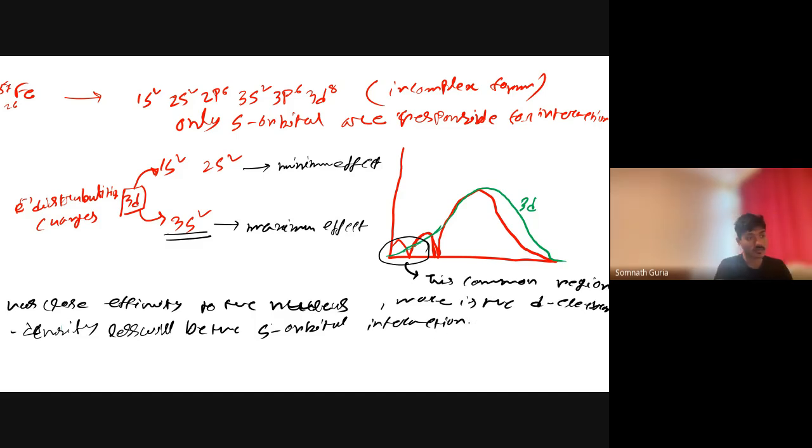So in that case, what will we find? We will find something like a Mossbauer spectrum, something like this. This is called Doppler velocity, in millimeter per second. We'll have the transmission, percentage of transmittance.